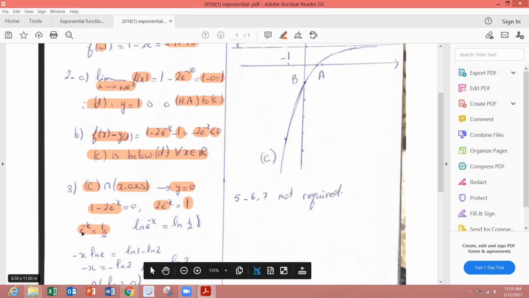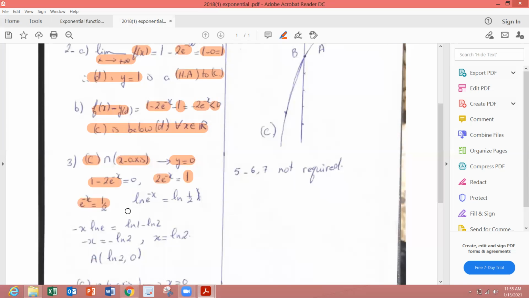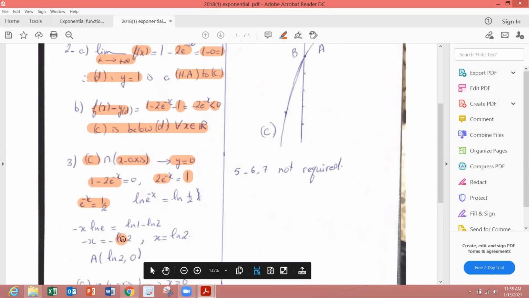To remove e, I add ln. So minus x equals ln half. Ln half is ln 1 minus ln 2. Ln 1 is 0. It will be minus ln 2, minus x. So x equals ln 2 and A is (ln 2, 0).